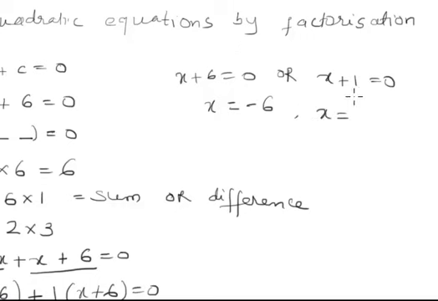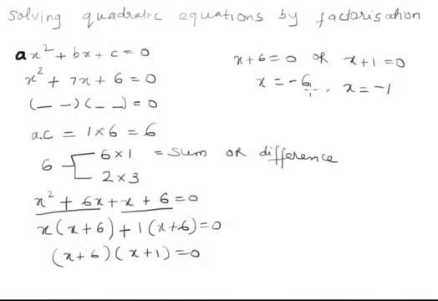Here also 1 is positive, and on the other side of the equal sign it becomes minus 1. So x equal to minus 6 and x equal to minus 1 are the values of x for the given equation. These are also called the zeros of the quadratic equation.